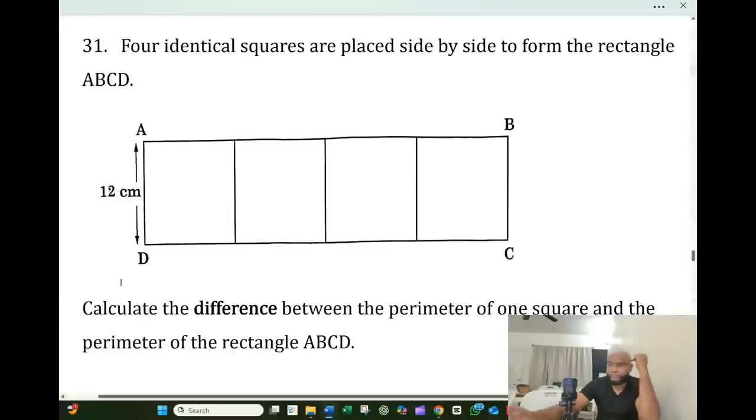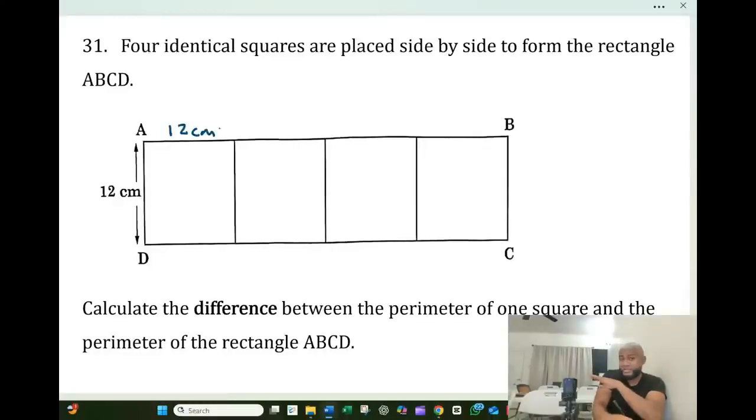Right, there we go. Four identical squares are placed side by side to form the rectangle ABCD. Calculate the difference between the perimeter of one square and the perimeter of the entire rectangle. Let me indicate that each side is 12 centimeters because it is 4 identical squares.